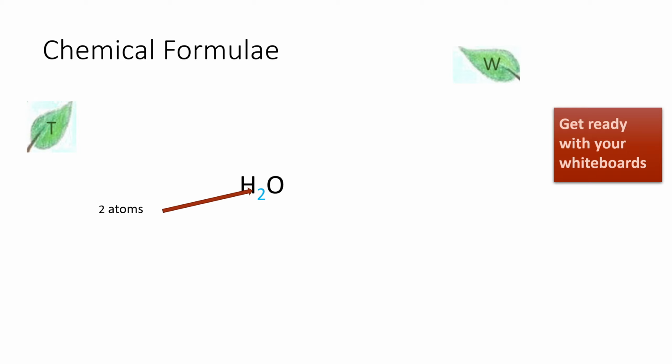Hydrogen dioxide or water, we know from before this has 2 atoms of hydrogen and 1 atom of oxygen. Okay. Or H2SO4. So if I get my pen, H2SO4, we should hopefully know that because the 2 is directly after this element, I have 2 hydrogen atoms, so I've got 2 times hydrogen.